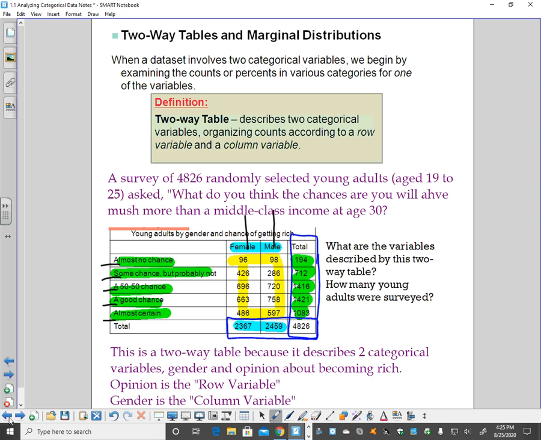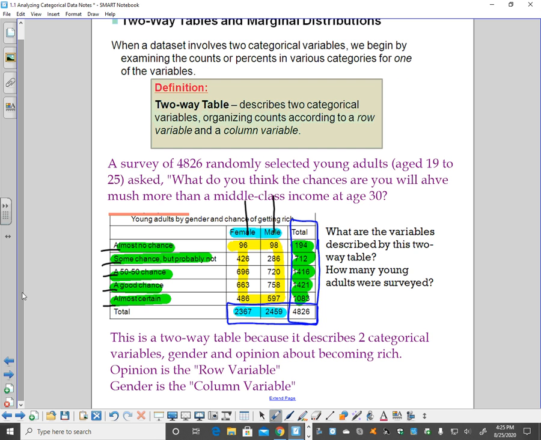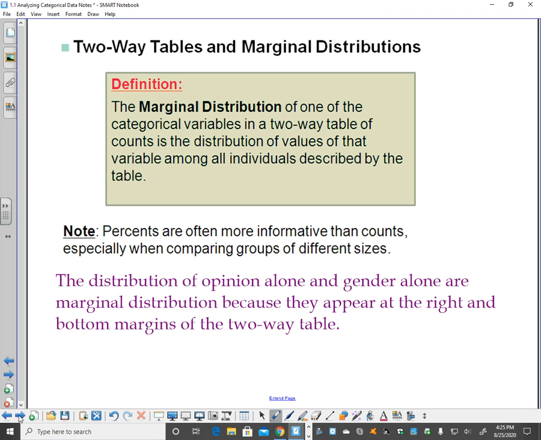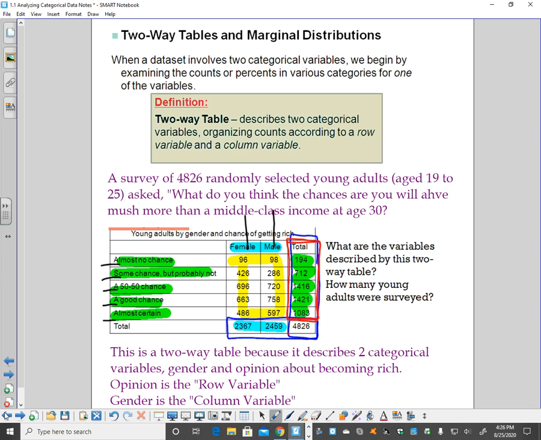So the marginal distribution of one of the categorical variables. So what I've just boxed in red is the categorical variable of opinion.